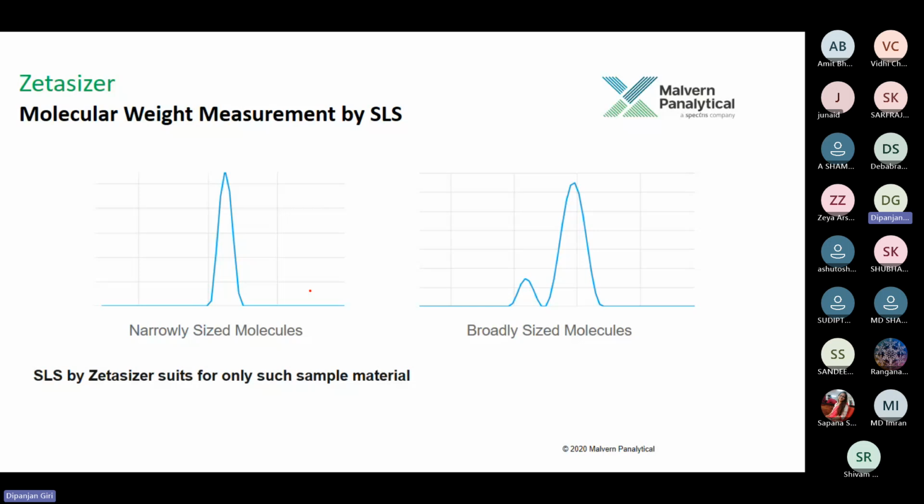So for very narrowly sized molecules or a narrow distribution, it will give that one. But for broadly sized molecules or a broad distribution, it is not suitable.